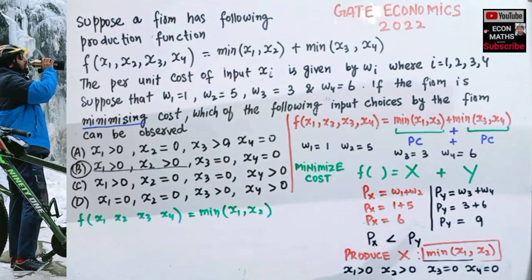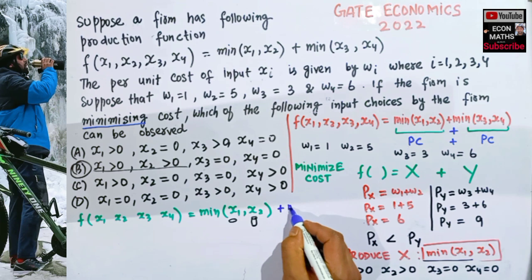What does this mean? Let us say we have two products, Pepsi and Coke. We want to produce the cap of a Pepsi bottle and the bottle itself. This will denote the min function.